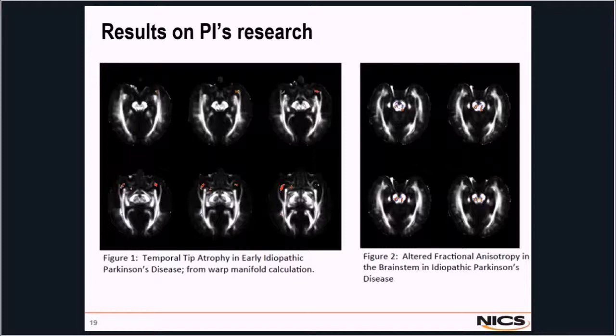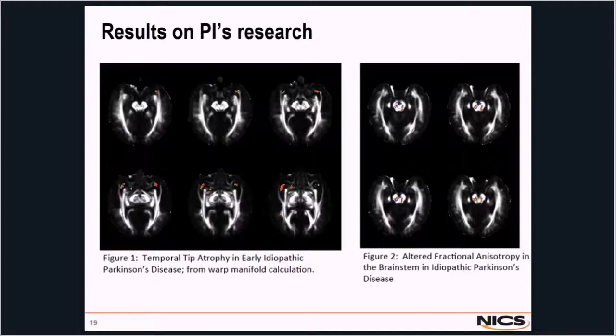As you see from these two plots, the colored voxels come from a two-sample comparison between healthy subjects and patients with Parkinson's disease, looking at which voxels show a clear difference between control subjects and subjects with Parkinson's disease.